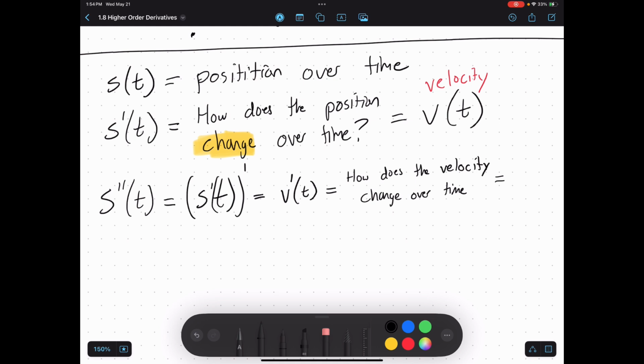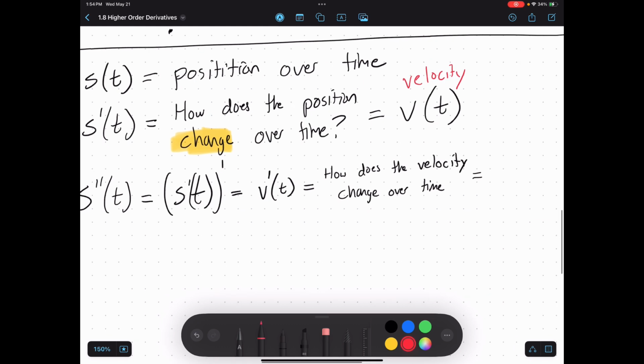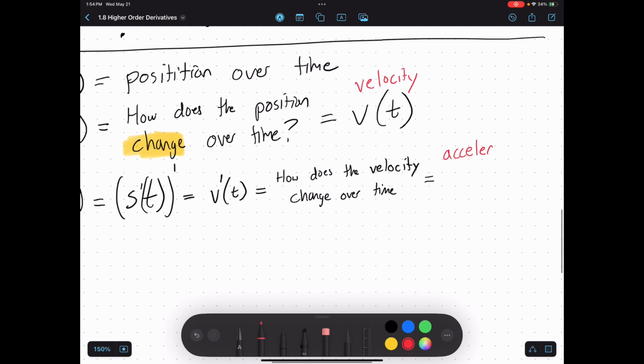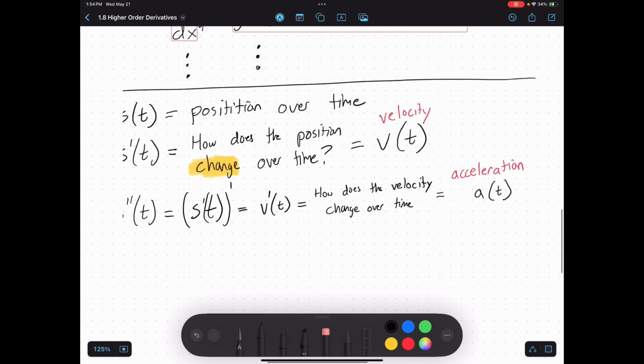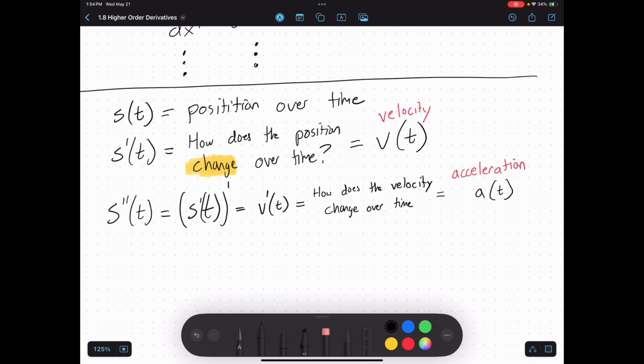Well, what does this sound like? If you're looking at how the velocity is changing, you might be looking at stuff like speeding up. Are you speeding up? Are you slowing down? What does that sound like? That sounds like acceleration. And a lot of times we abbreviate that just using a of t. So this is where second order derivatives become really helpful, because they can help us analyze acceleration.